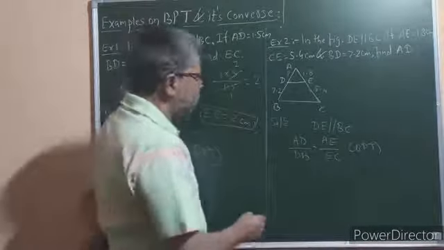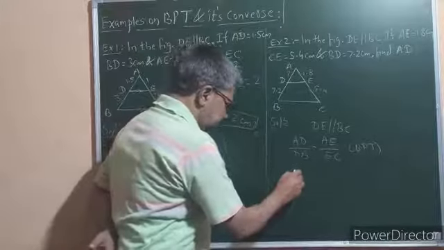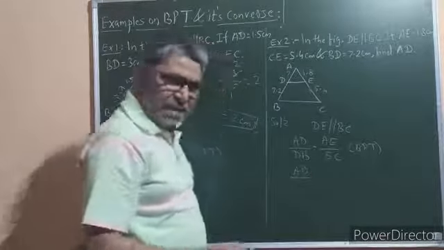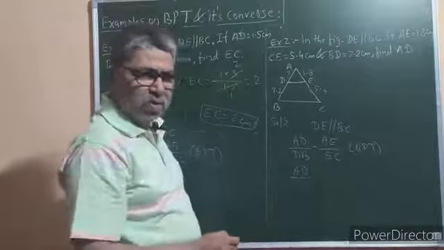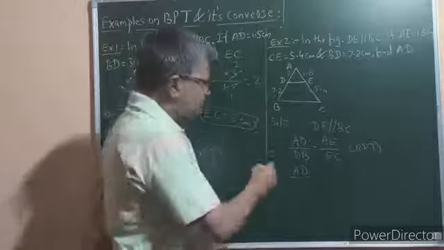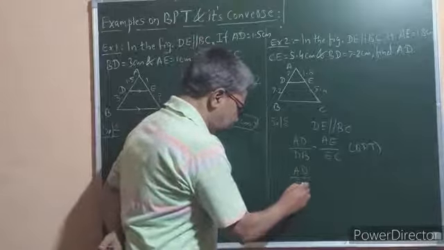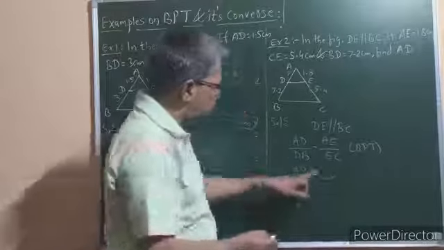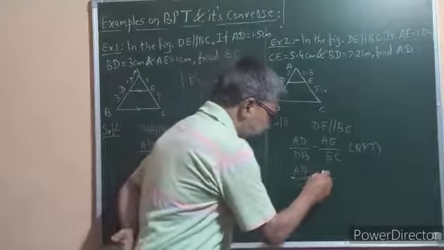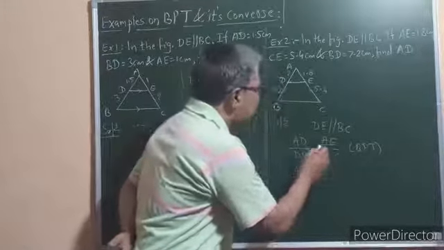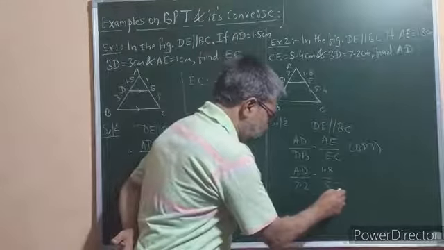Now put in the values. AD is the question mark, write AD as it is. We are solving for AD itself. The length of DB is 7.2, is equal to the length of AE, 1.8, and the length of EC is 5.4.